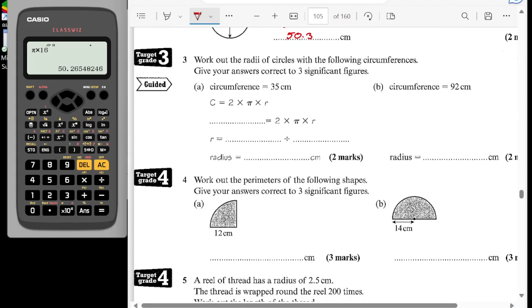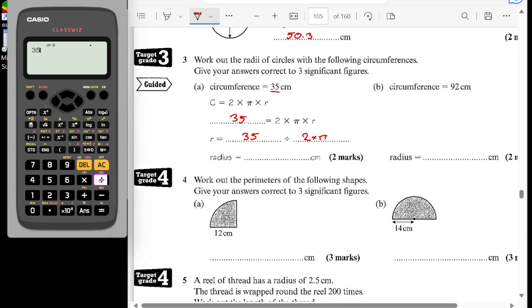Okay, question 3. Work out the radii of the circles with the following circumference, giving your answer correct to 3 significant figures. So we're told that the circumference is 35. The radius is going to be equal to 35 divided by 2 times pi. And I'll type it in like that.